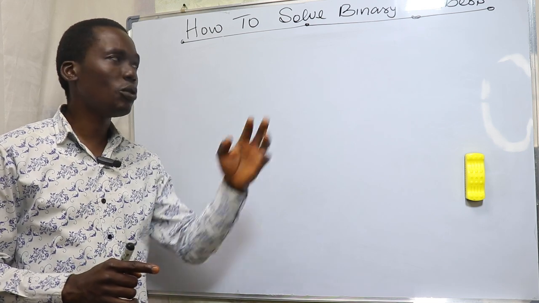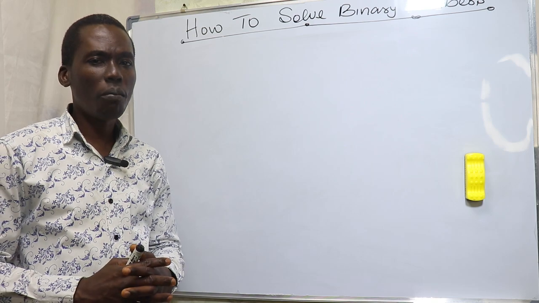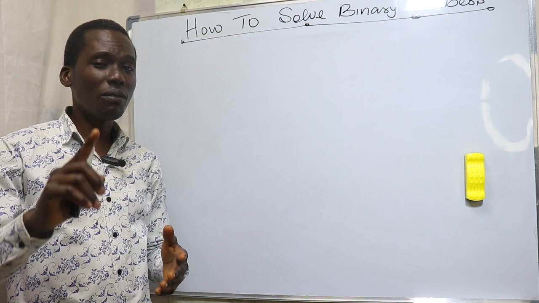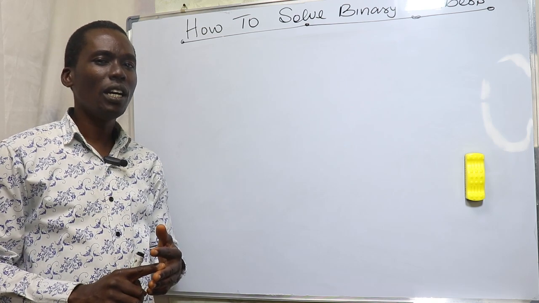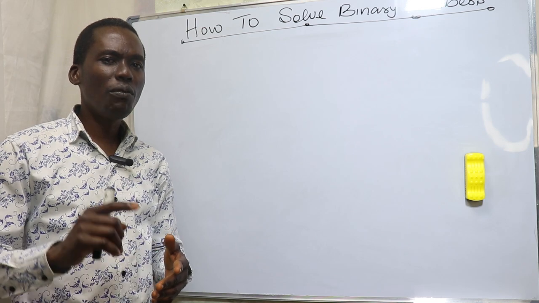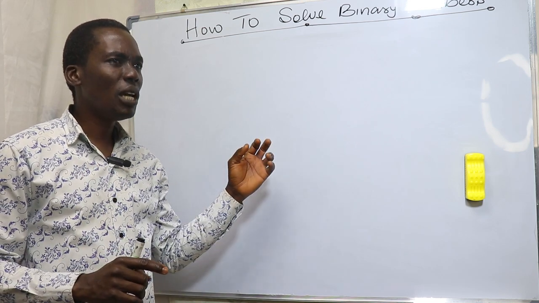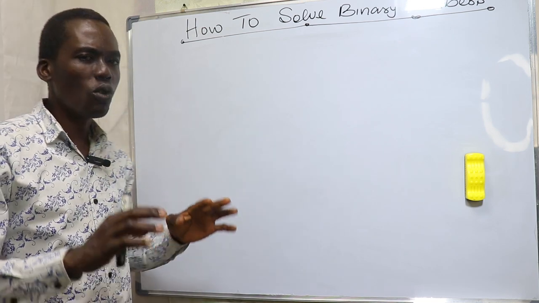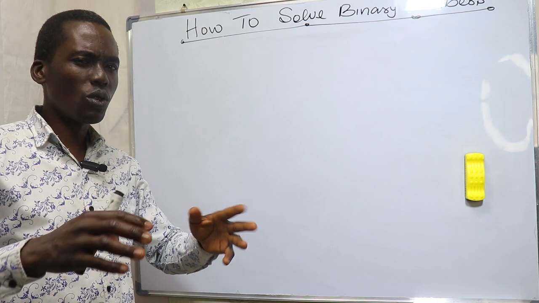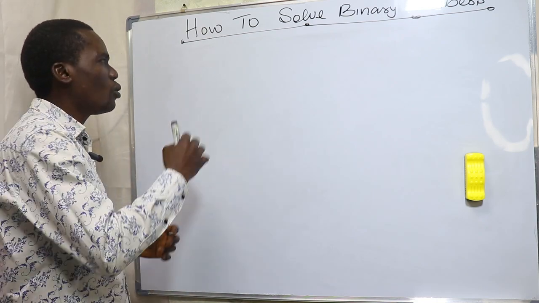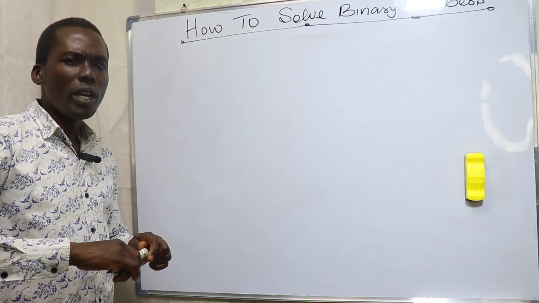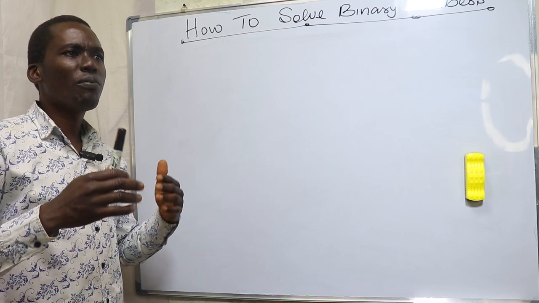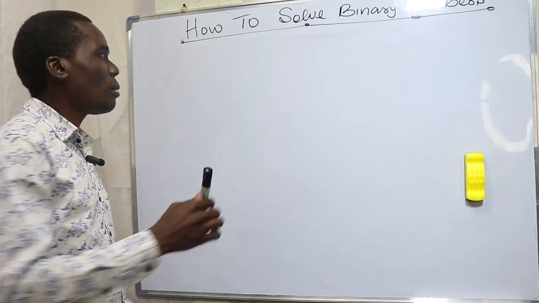These na the things wey they go teach you under binary number. And more importantly, e dey important for persons wey dey enter SS1 or grade 9. If you dey enter that level, e go dey important make you know this, because it go help you to answer any question wey you go see for your exam. So make we no waste time, make we start with how to convert from one base to another.